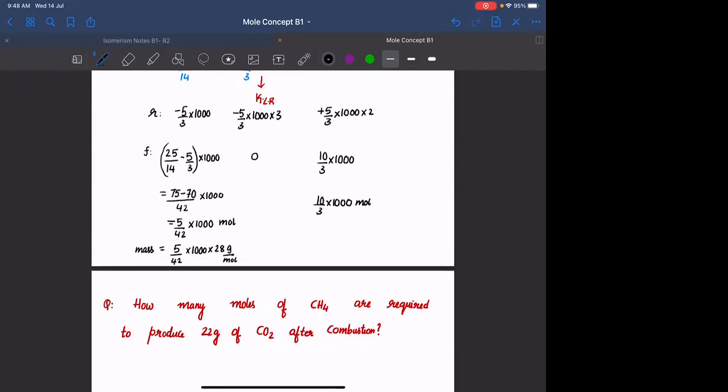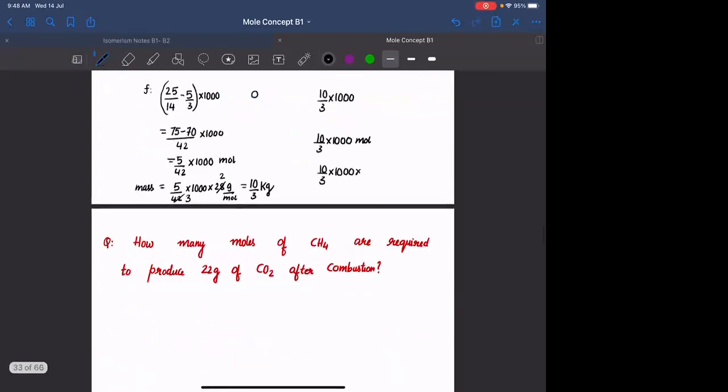You can say it in kgs. This is 14 2 times, 14 3 times, which is equal to 10/3 kg. Now 10 by 3 into 1000 into NH3 mass. What is the mass of NH3? 17 gram per mole, which is equal to 170 upon 3 kg.